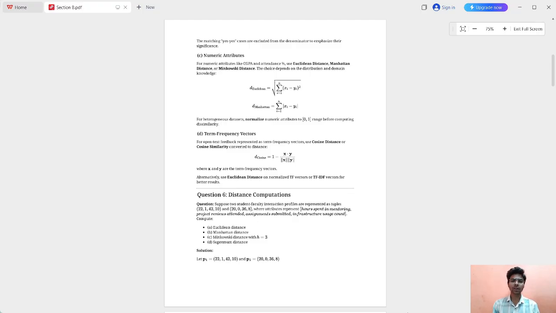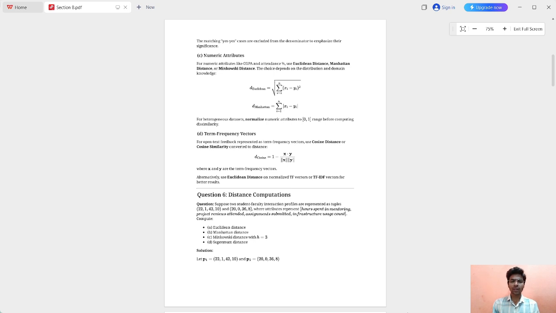Go on to the next question. Sixth, distance computation. The question says suppose two student-faculty interaction profiles are represented as tuples. The tuples are 22, 1, 42, 10 and the second one is 20, 0, 36, 8, where attributes represent hours spent in mentoring, project reviews attended, assignments submitted, and infrastructure users count.